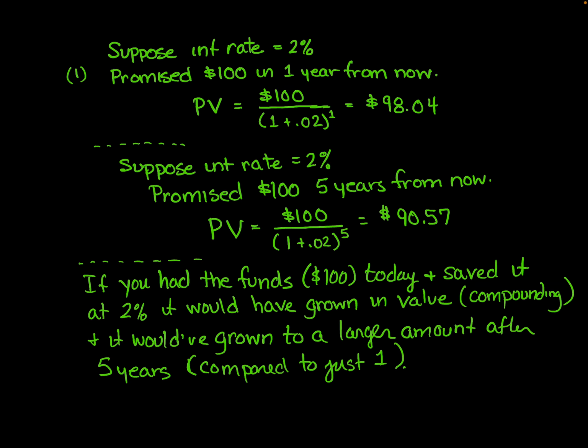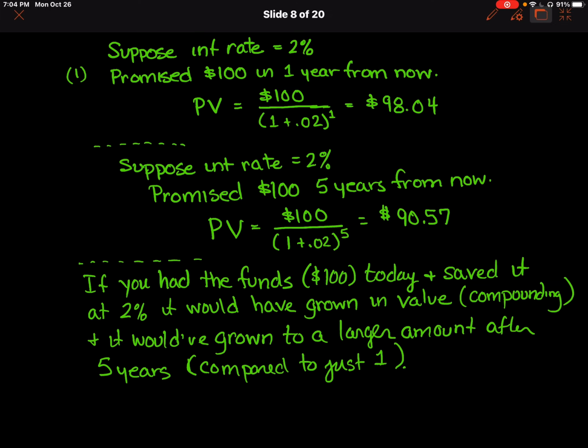So the promise to receive this $100 5 years from now is worth less to you when the interest rate is the same than the promise to receive $100 just 1 year from now, because you can use those funds in whatever way gives you benefits sooner. So one way in which you could have used those funds is to save it and have earned interest.